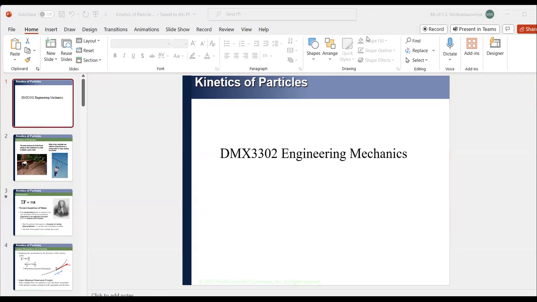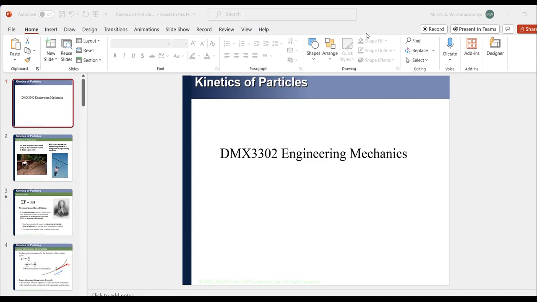In kinematics, what we will encounter is displacement, velocities, maybe speed, and the different accelerations. You only worry about how an object or a particle moves through space.